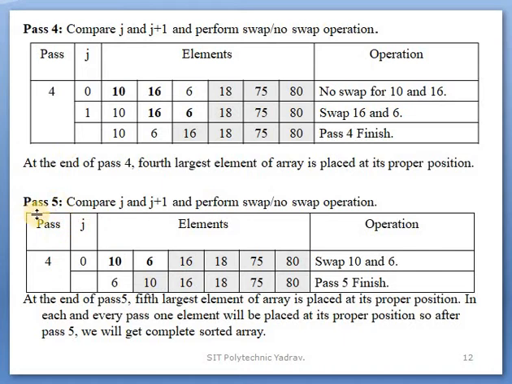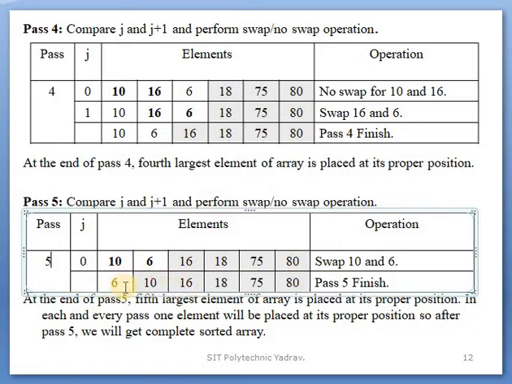So, pass number 5. In pass 5, compare j and j plus 1 and perform a swap or no swap operation. In that also the same. Okay, sorry, this is the 5th pass. Taking the last numbers, the sorted last numbers: 10, 6, 16, 18, 75 and 80. In that, 10 and 6 are taken, 10 is greater than 6, so swap the numbers, making 6 and 10.